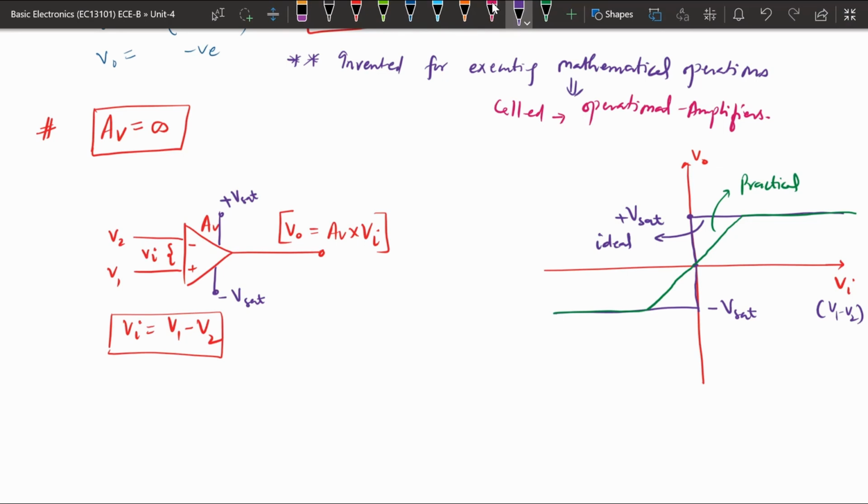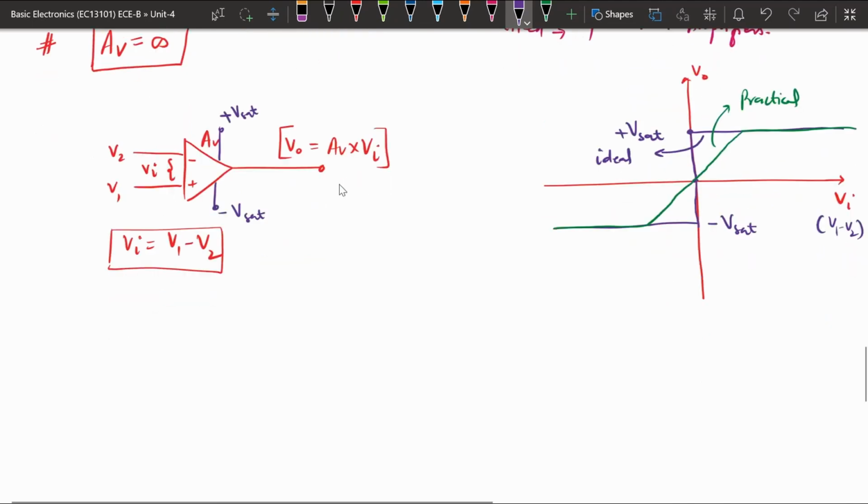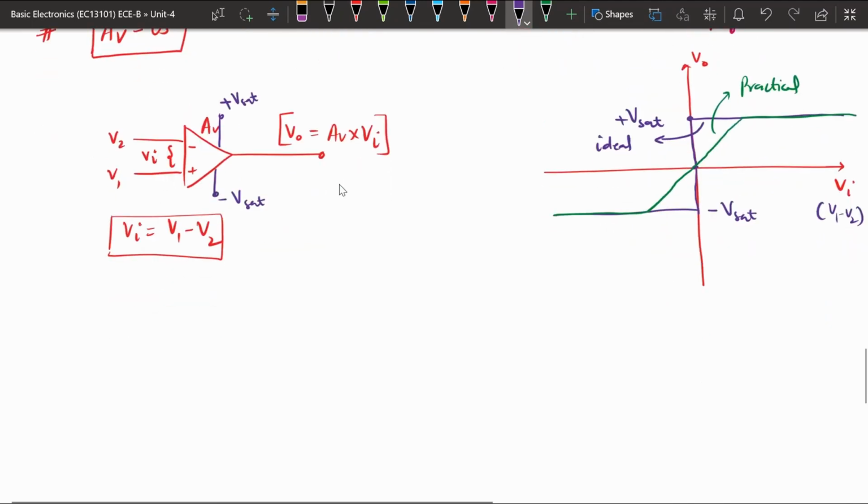So always, the output of an operational amplifier without feedback, there is no feedback there, will be either plus V sat or minus V sat. And if it is a practical one, it will take some time, because in the practical case the gain will not be infinity. That's why it is not going to switch to plus V sat immediately, but it will keep on increasing.